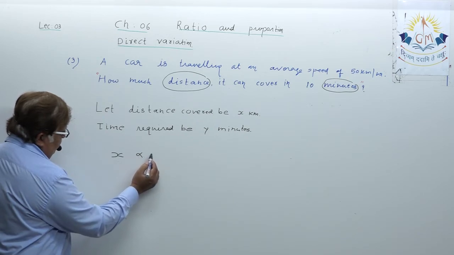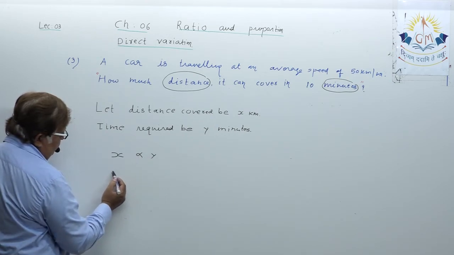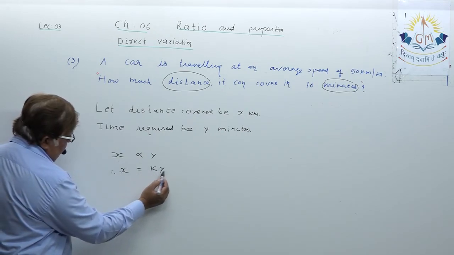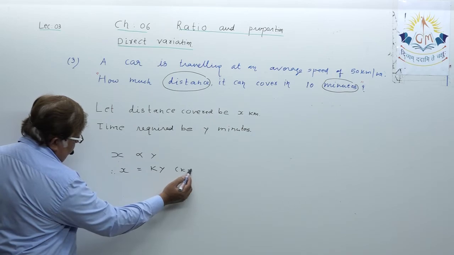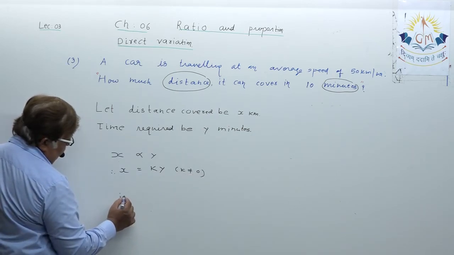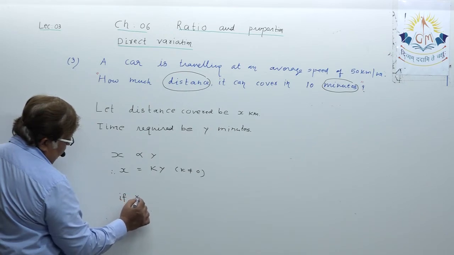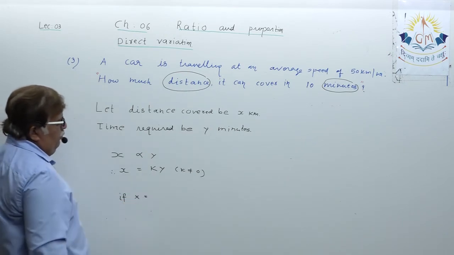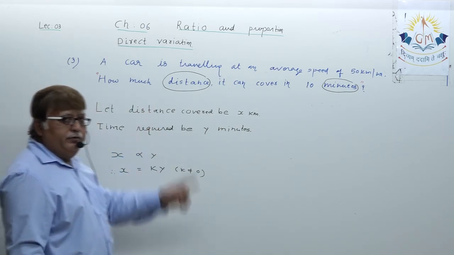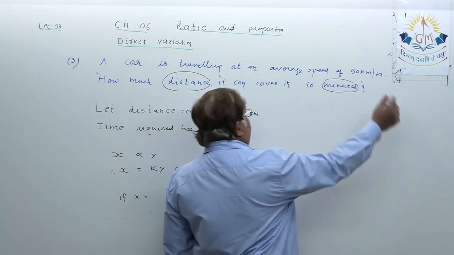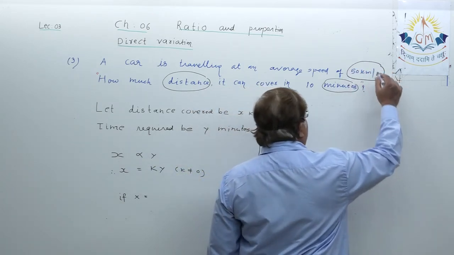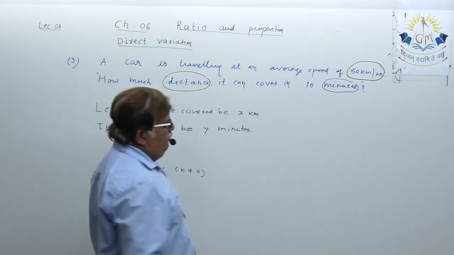x varies directly as y. x equal to ky, k not equal to 0. Now, dear student, important. Read the first data and be a little more inquisitive to get the first two physical quantities from here.